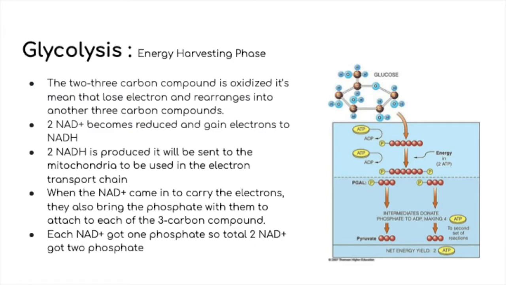When the NAD plus came in and they carry the electron, they also bring the phosphate with them to attach to each of the 3 carbon compounds. Each NAD plus got 1 phosphate, so total 2 NAD plus got 2 phosphates.